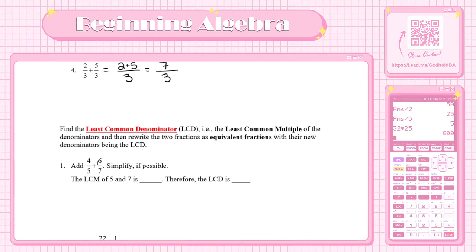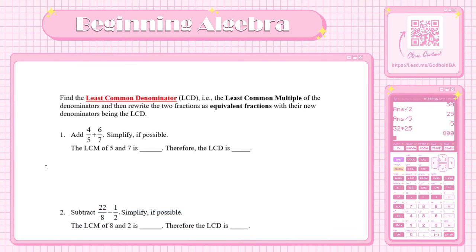So let's just do this one step by step. Sorry, I had to get some water. My throat hurts. Okay. So first thing is the LCM of 5 and 7.